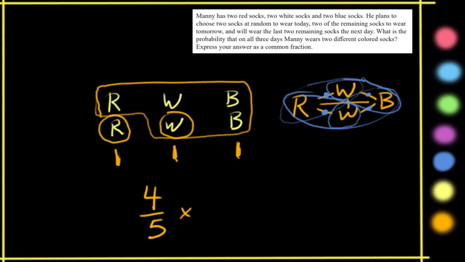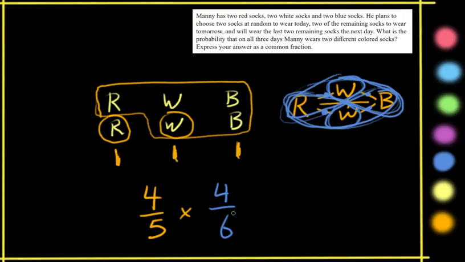If he picks white, blue the first day, then he'll have red, white the second day. So 4 out of the 6 possibilities will give mismatched socks on both the second and the third day. But what about if he picks one of the other 2 possibilities?